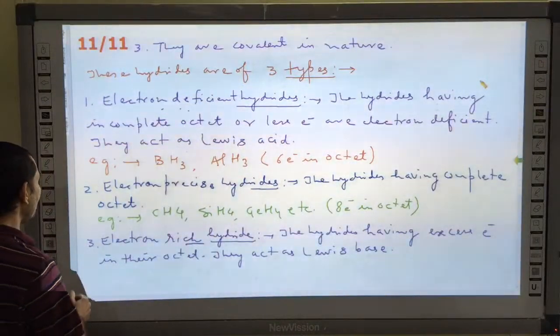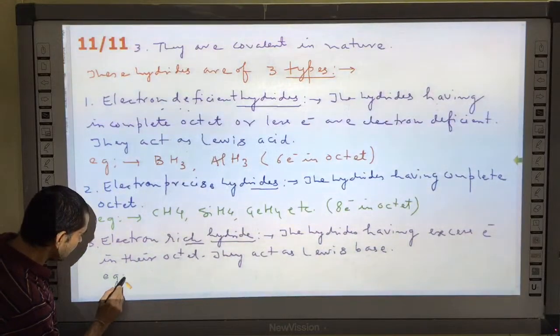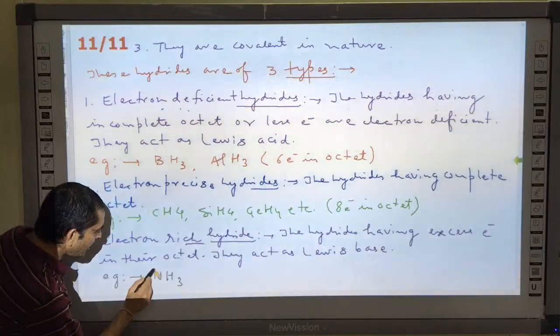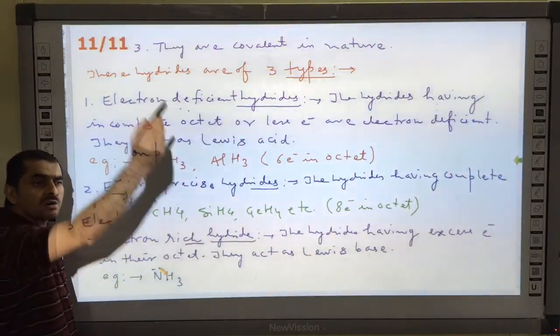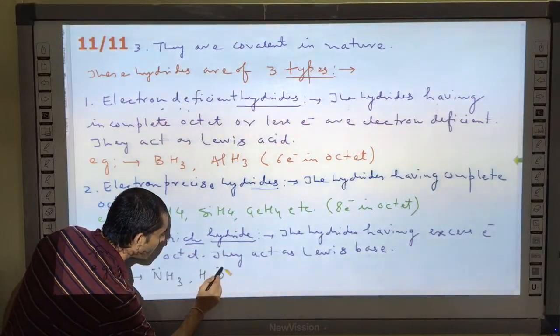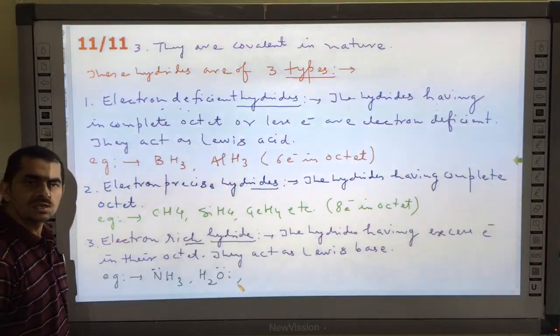Let us see the example of this. NH3: now you see, this has lone pair, electron rich. Water, H2O: you can see there is excess electron in this. Yes or no?